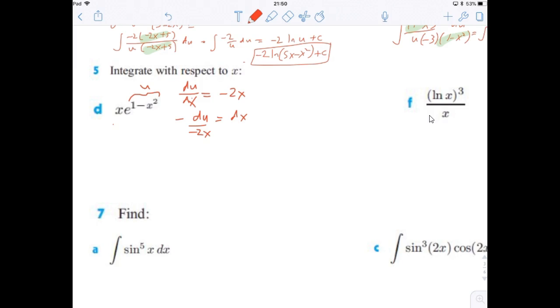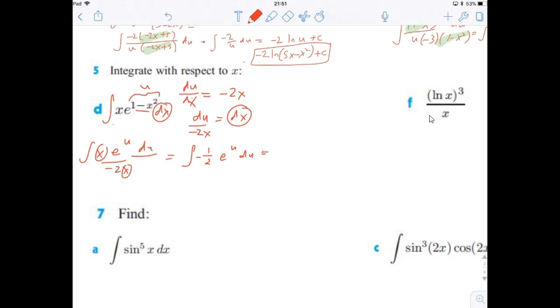Then we're going to substitute, and then we're going to take the integral, okay? So if we take the integral of this, we're going to replace this dx with this expression. So we're going to have x, and then e to the u, because we replaced 1 minus x squared with u. We replace dx with du over negative 2x. And wow, we cancel out these x's, so we basically get integral of negative 1/2 e to the u du.